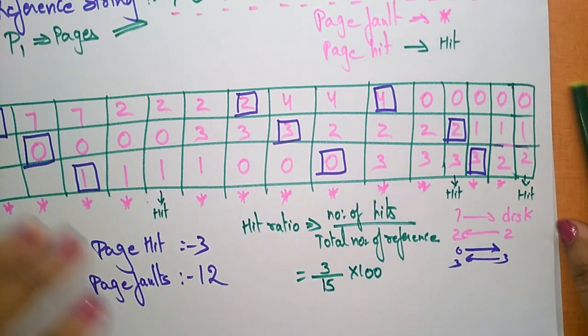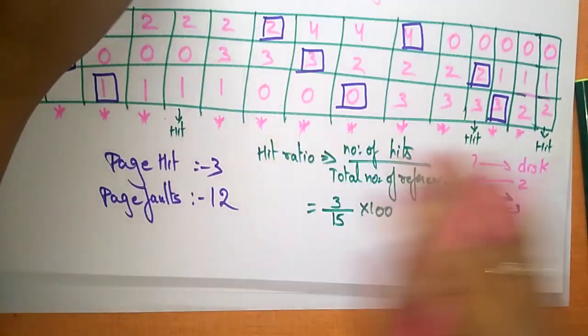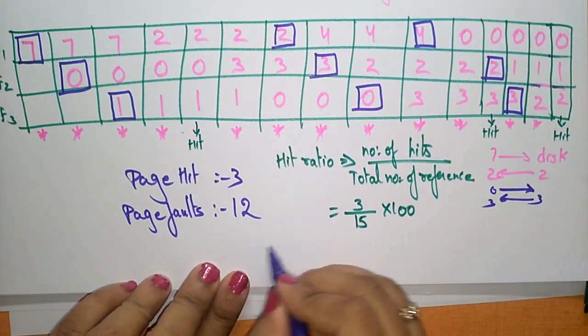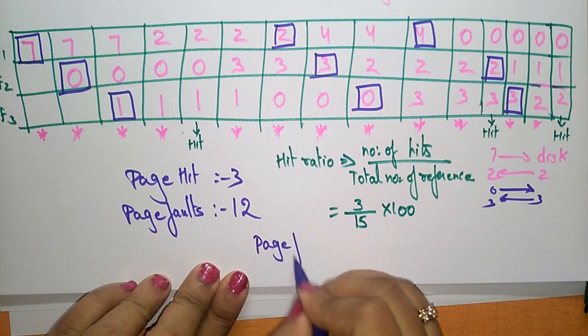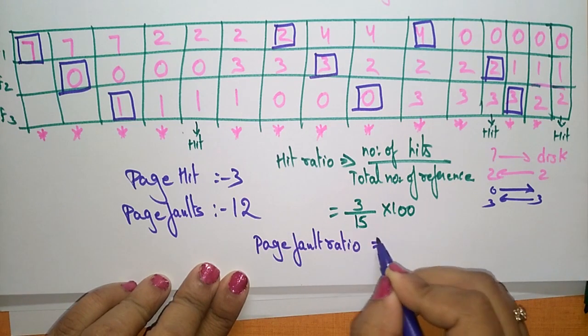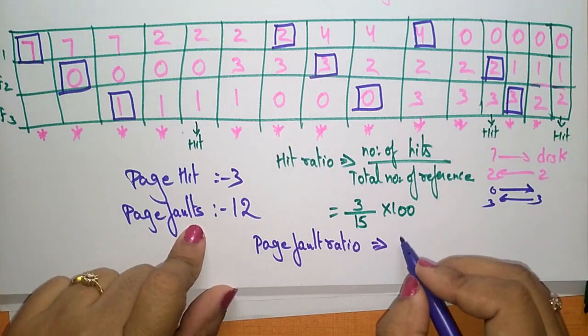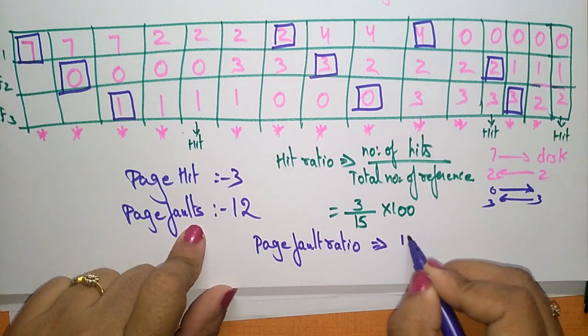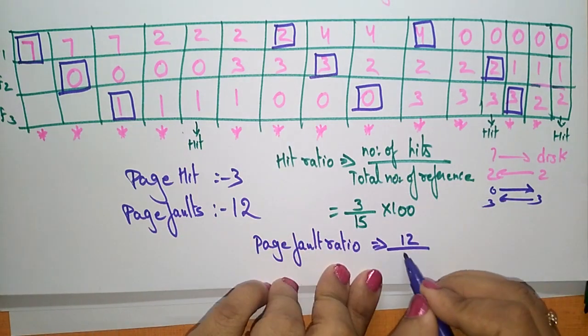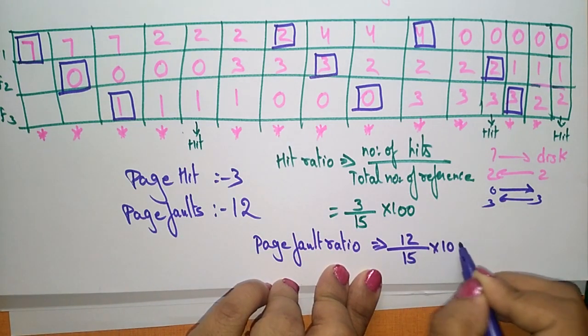Okay. And we can also write the page fault ratio. This is also calculated by number of page faults, that is 12, by total number of references, that is 15, into 100.